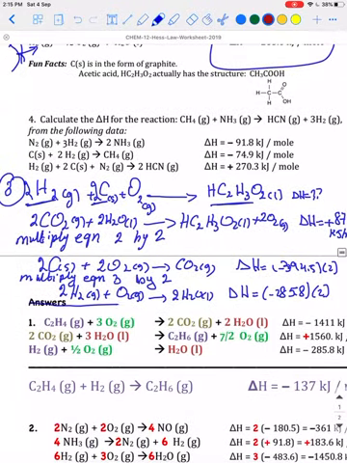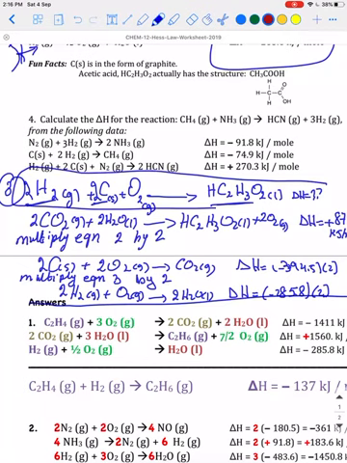Now if I add these, it should give me the equation of my interest, whose delta H I'm looking to calculate according to Hess's law.